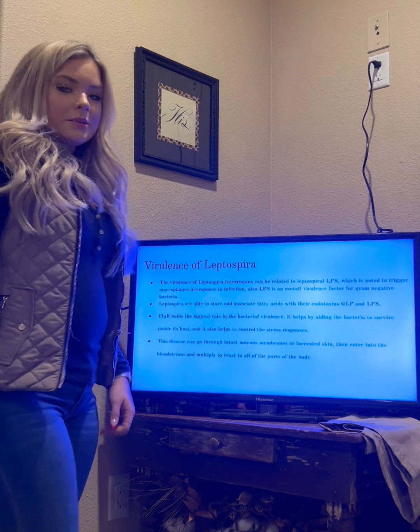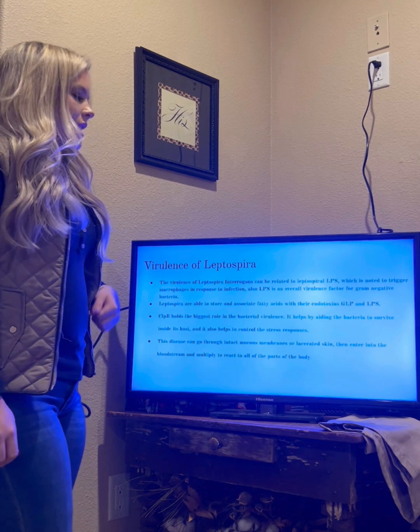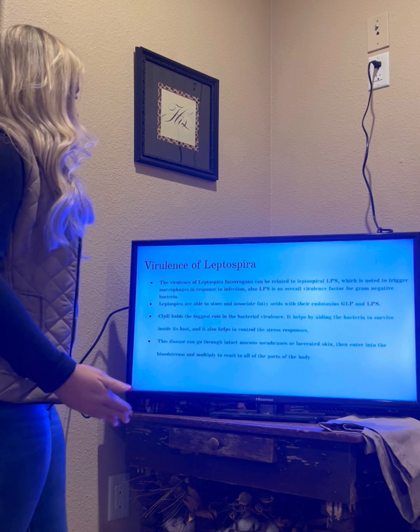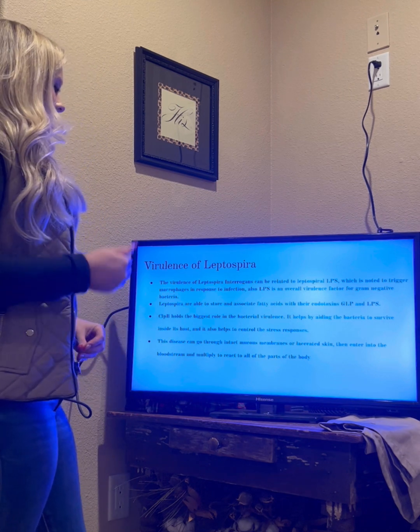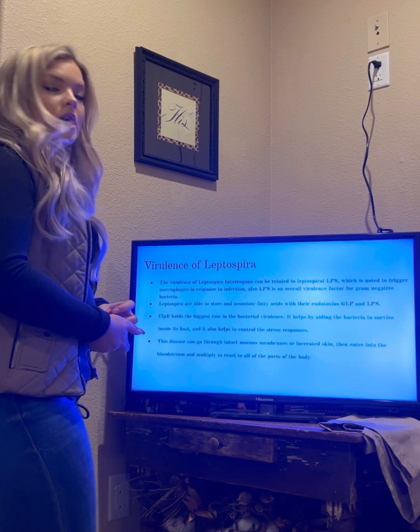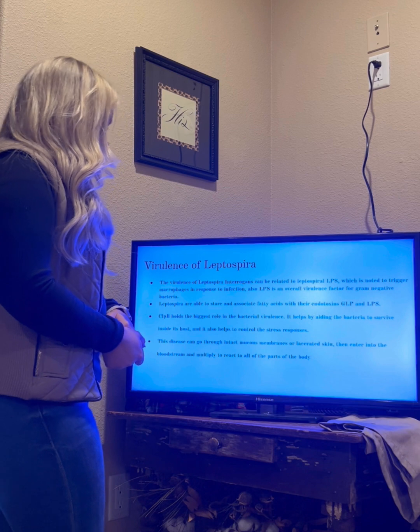The virulence of Leptospira. The virulence of Leptospira interrogans can be related to leptospiral LPS, which is noted to trigger macrophages in response to infection. Also, LPS is an overall virulence factor for gram-negative bacteria.